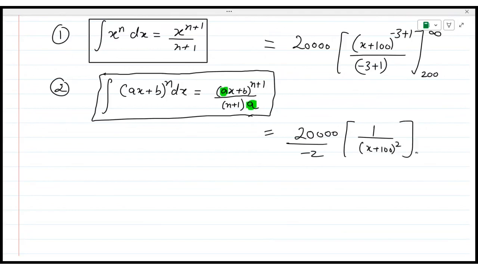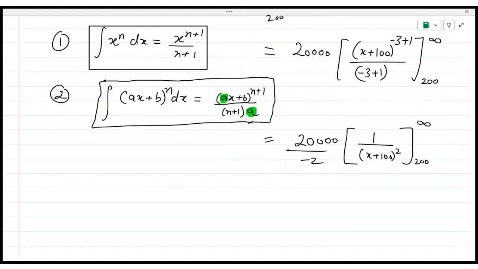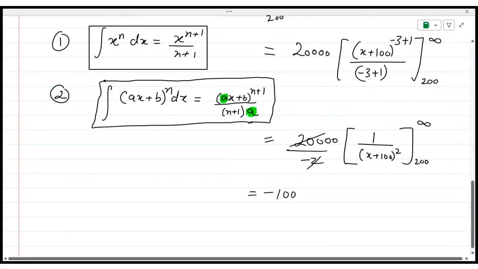Limits are 200 to infinity. So now you can cancel this 2 with this 20,000. So you will get here minus 10,000.